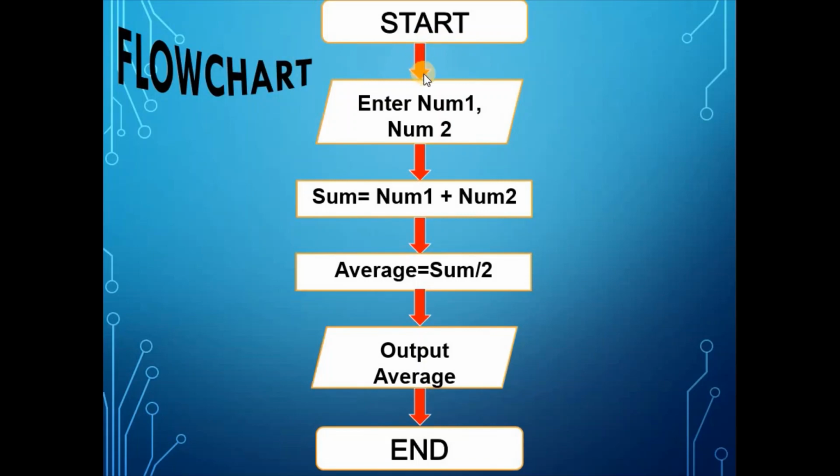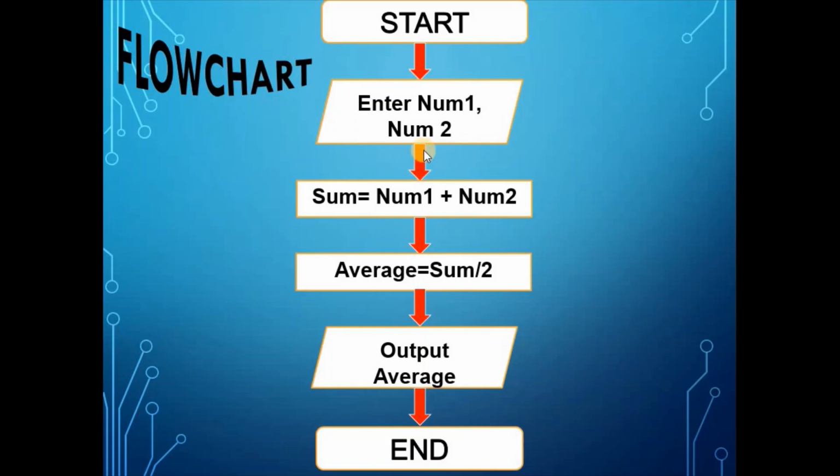And the next step was to identify two numbers. And in this case, based on the space that I had, I only use one box. Instead of two different boxes to say enter num1, enter num2, I use a comma to say that another number is being entered. So once that has been done, and this is the input, I enter the two numbers, so that's my input. I now again place my arrow to show what step is next.